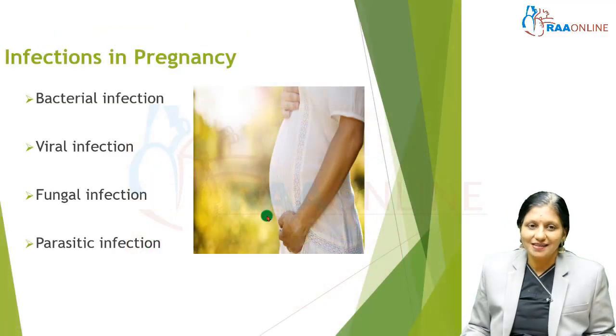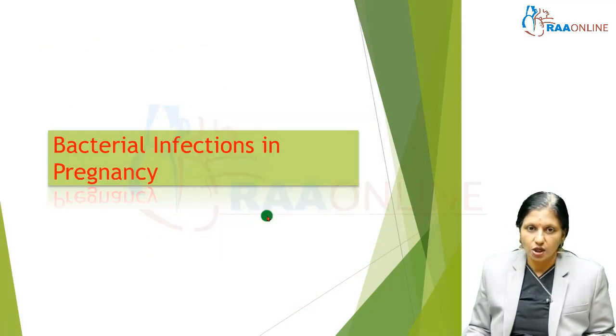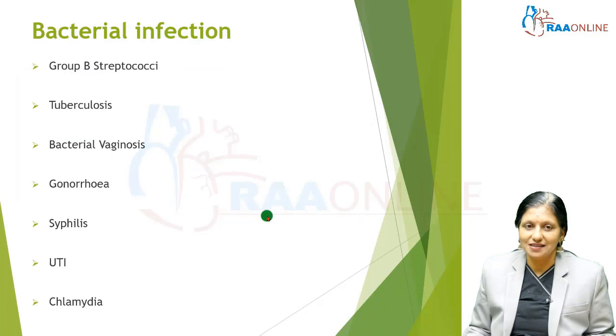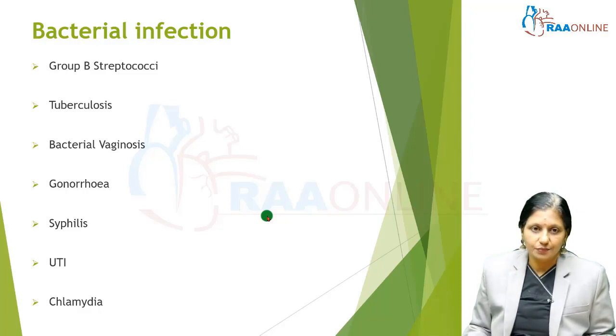Now, infections in pregnancy can be bacterial, viral, fungal or parasitic. Bacterial infections in pregnancy can be Group B streptococci, tuberculosis, bacterial vaginosis, gonorrhea, syphilis, urinary tract infections, and commonly chlamydia. Urinary tract infections include E. coli and Klebsiella.